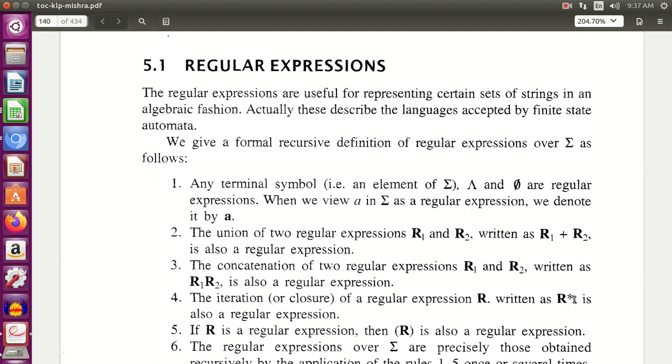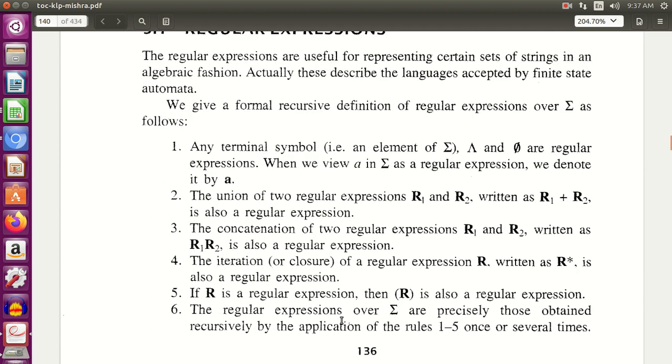This is quite similar to closure. It is actually the same thing as closure. So the closure of a regular expression R is written as R star. If R is a regular expression, sometimes we also use a first bracket to represent the same thing. That representation is also valid. So if R is a regular expression, then R inside brackets is also a regular expression.